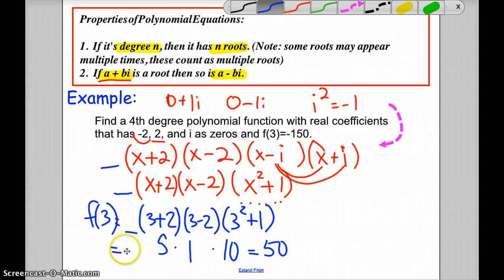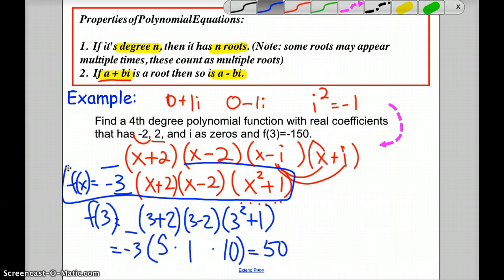So it must be a 3 times all of this in order to get 150. So my rule is really this, because the multiplying factor does not affect the zeros. It simply affects the stretch factor.